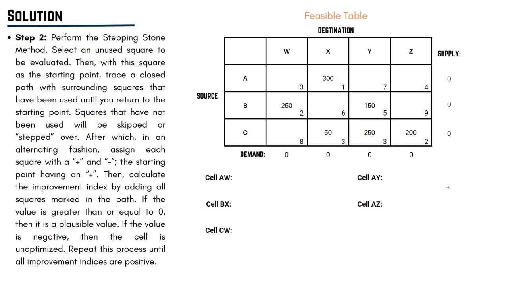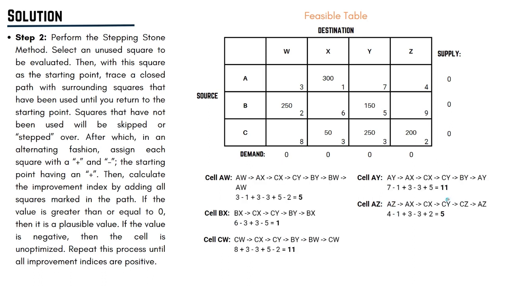Now let us go back to step 2, which is to check for the optimality test. Start again. So AW to AX to CX to CY, BY, BW, back to AW. Again, positive, negative, positive, negative, positive, negative, positive.